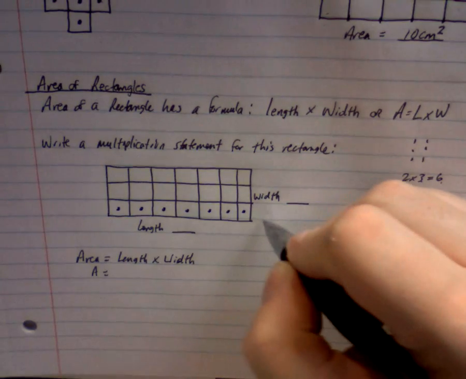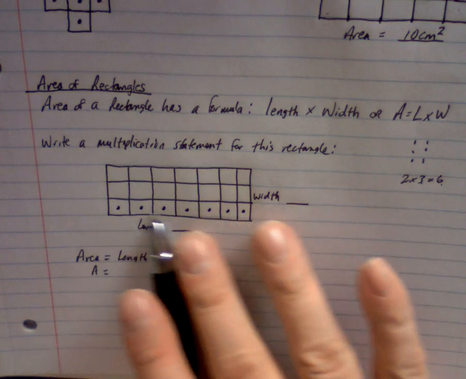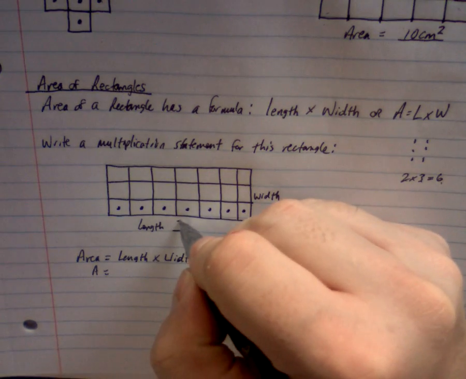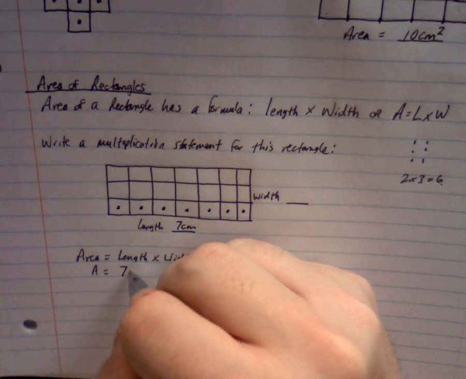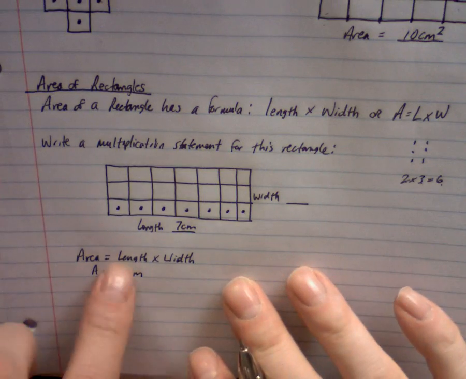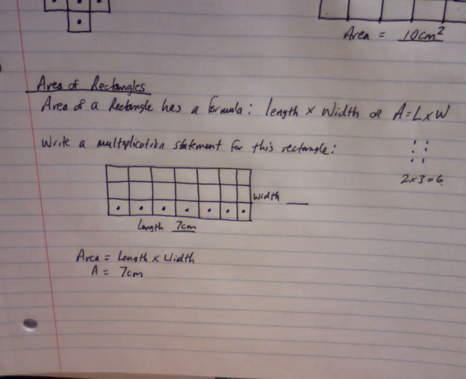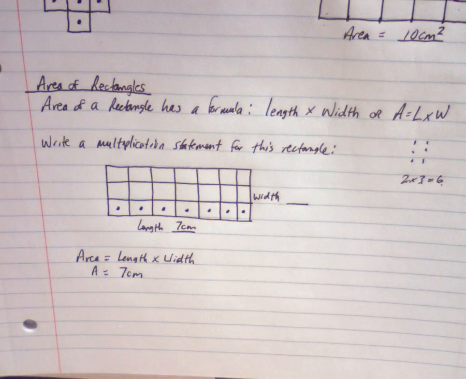So this whole side right here is 7 centimeters. Area equals length times width. This is just a short formula. If you know length times width, bang, you can find area easily.